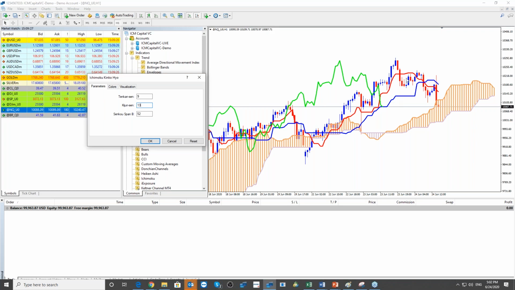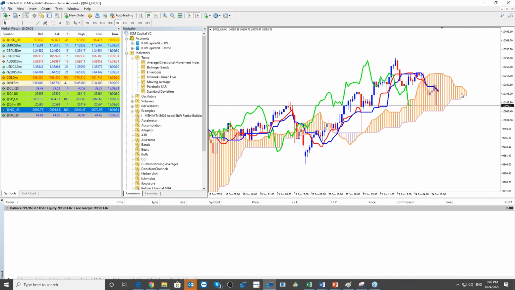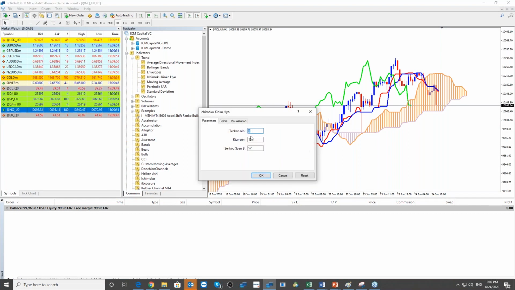So you can see here the cloud came back here. It's just 13 periods away from the current price, and the green line is also closer to the price. So here, let's bring this back to 26.